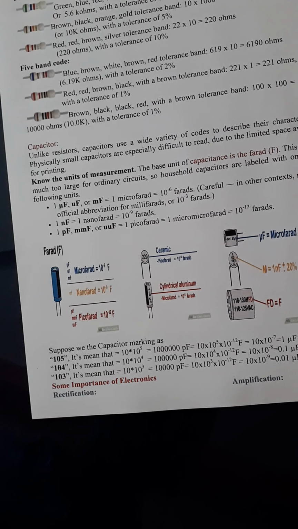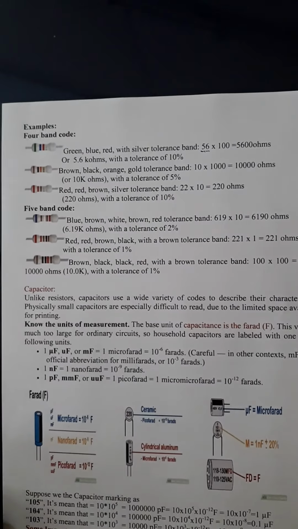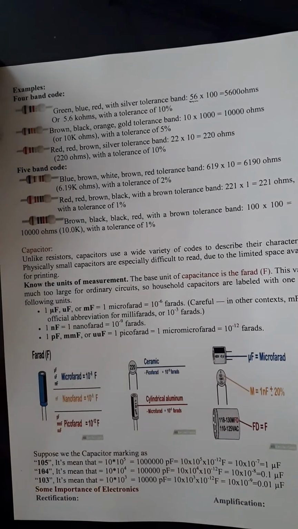Once you know the value of a ceramic capacitor or a cylindrical capacitor, we can use it in calculations or in connecting the circuit. So this is about the capacitor. Once you know the capacitor's value and the resistor value, we can go for circuits.